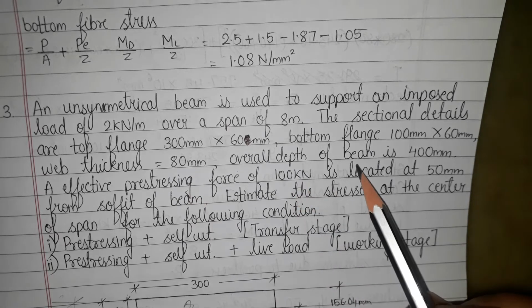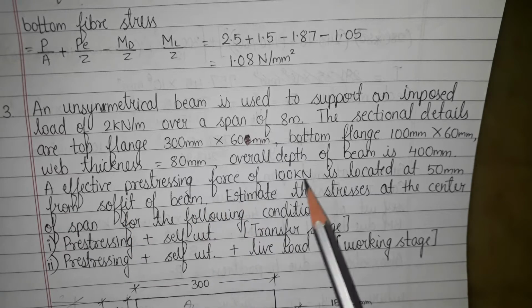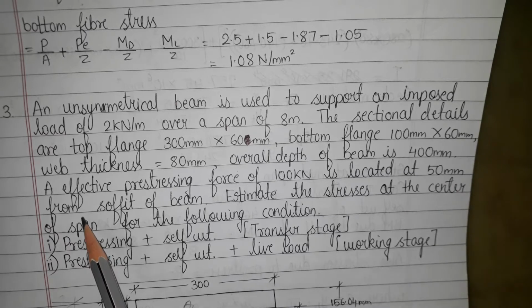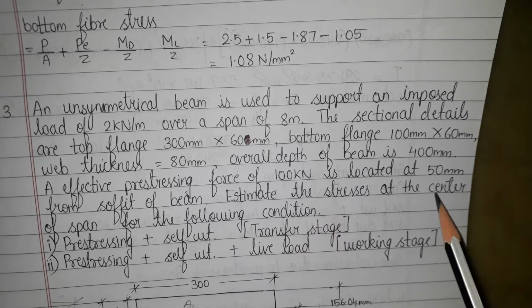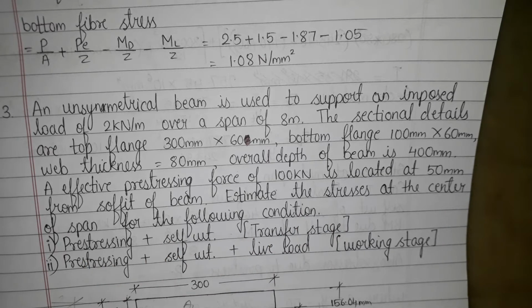The overall depth of the beam is 400 mm. Effective prestressing force of 100 kN is located at 50 mm from the surface of the beam. Estimate the stresses at the center of span for the following condition.